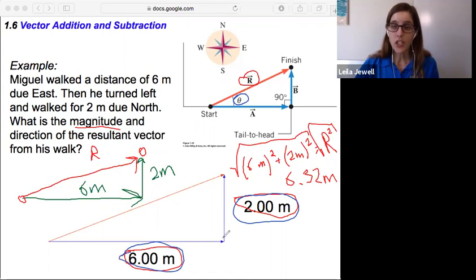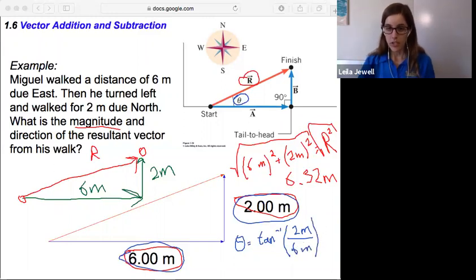So this looks like another example that involves the opposite side and the adjacent side, not the hypotenuse. What trig function will that be? That'll be our tangent, or inverse tangent, to get the angle. So theta is equal to inverse tangent of the opposite side, 2 meters, divided by the adjacent side, 6 meters.